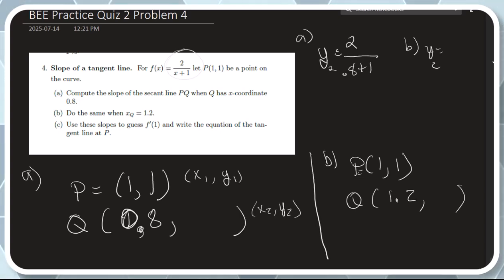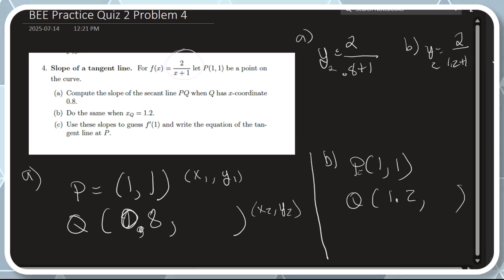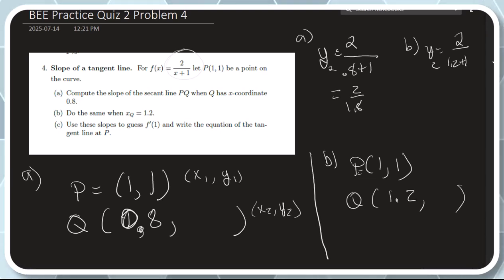So y2 will be 2 over 1.2 plus 1. So this will be 2 over 1.8, and this will be 2 over 2.2.